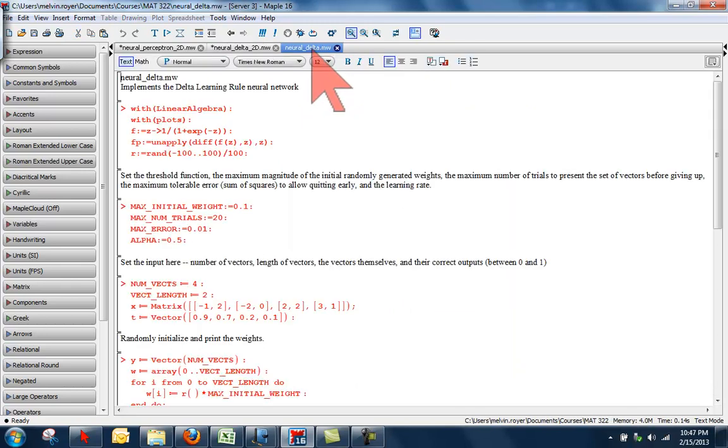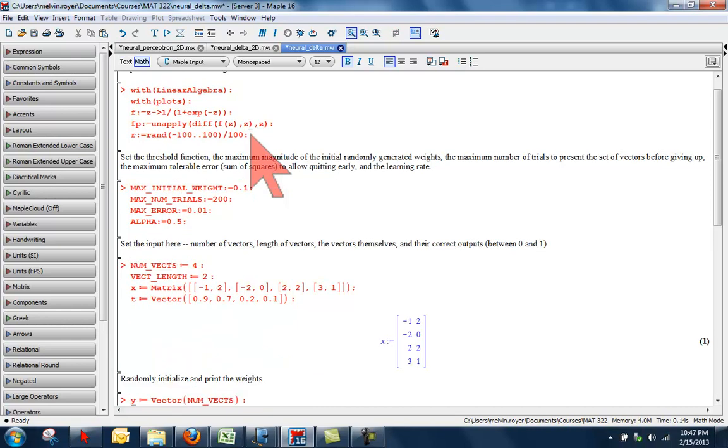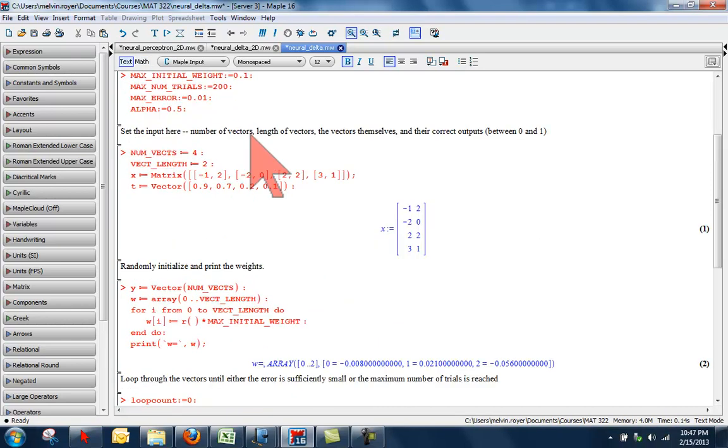The program Neural Delta does the same thing, only it's not going to print the graphs, and that's what's taking the time. So if I come back up here, with the same inputs and everything, except I'm going to change the maximum number of trials to 200 instead of 20. And let's see what can happen here. So here are my initial weights, and let's let it run.